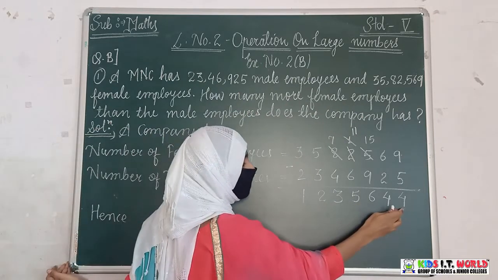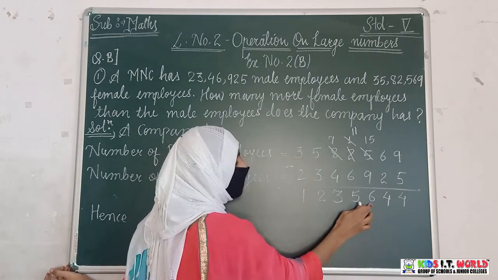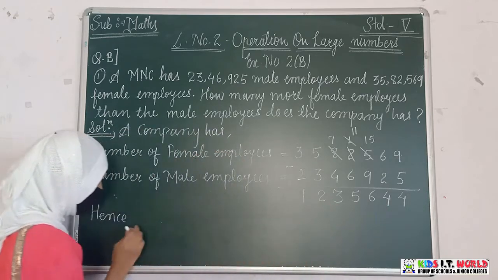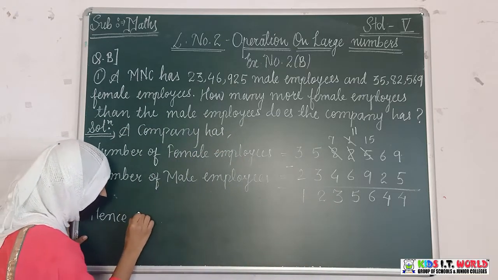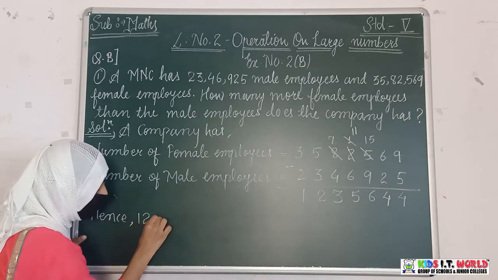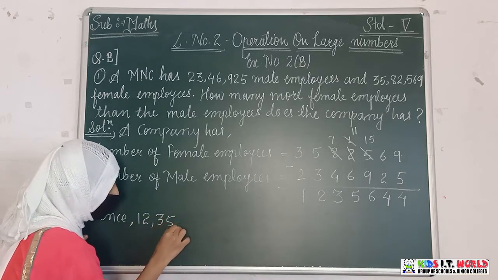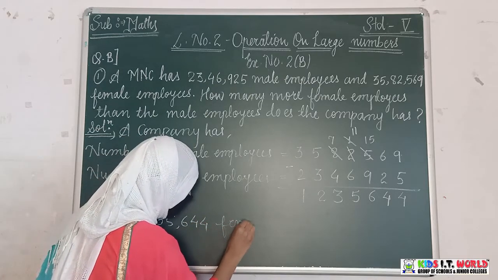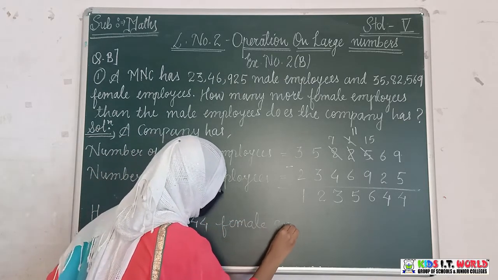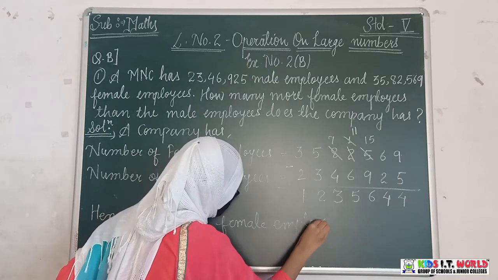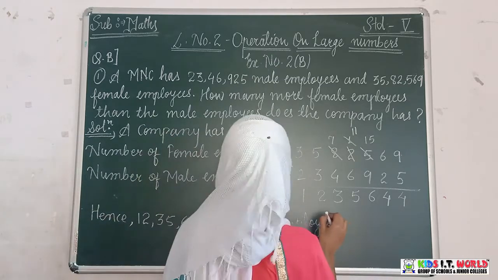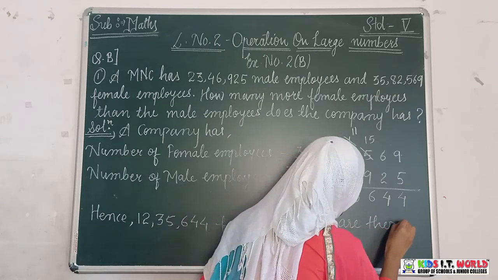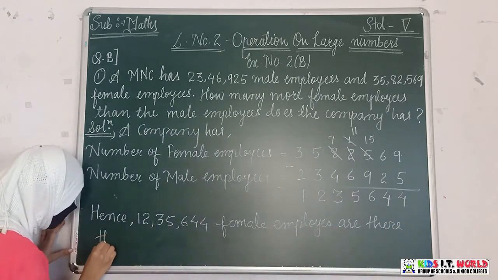count it from the ones, tens, hundreds, thousands, ten thousands, lakh and ten lakh. Means you will write from the 12 lakhs. So it is 12 lakh 35,644 female employees are there than the male employees.